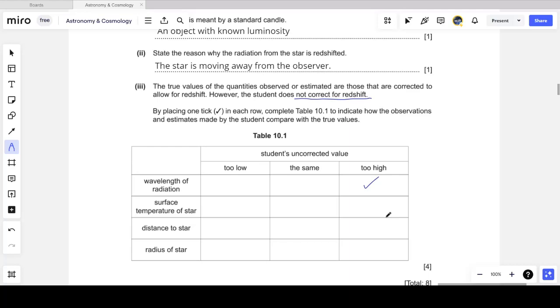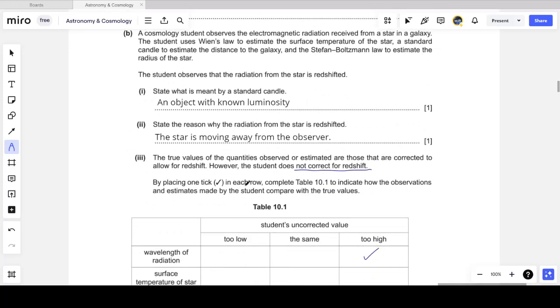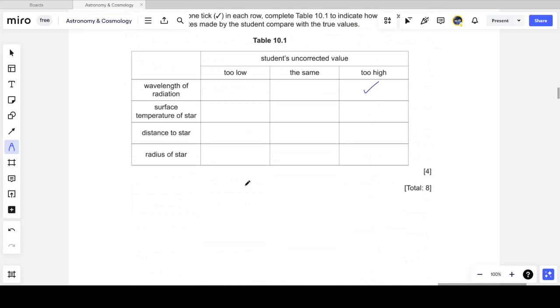What about the surface temperature? Well, actually, let's think about what the question told us. The question told us that the student uses Wien's law, the Stefan-Boltzmann law, and the standard candle to determine the different quantities. So for the surface temperature, I know lambda max is inversely proportional to the temperature, and this is a relationship between wavelength and temperature.